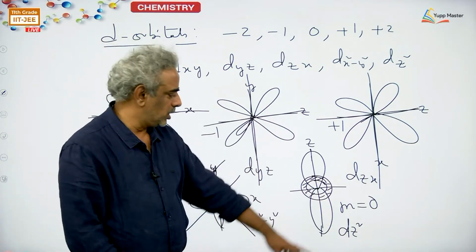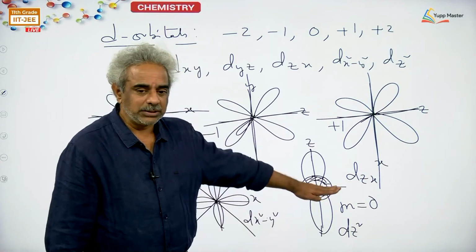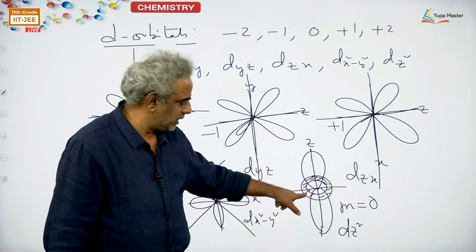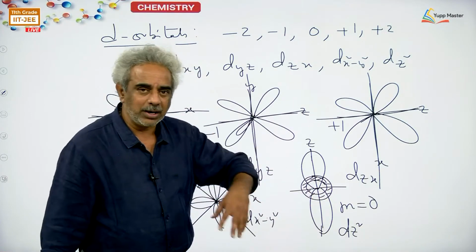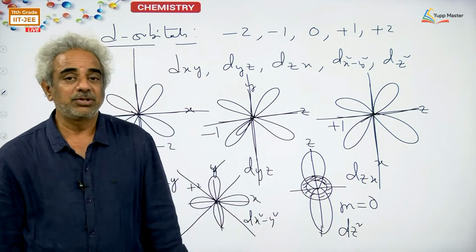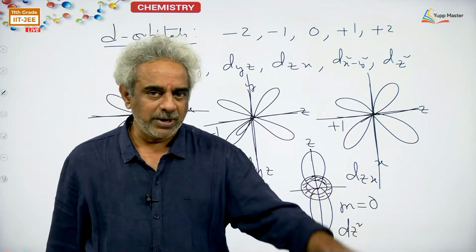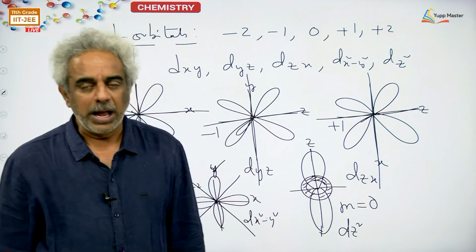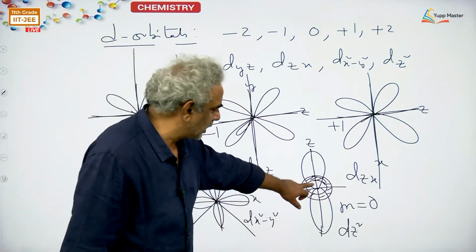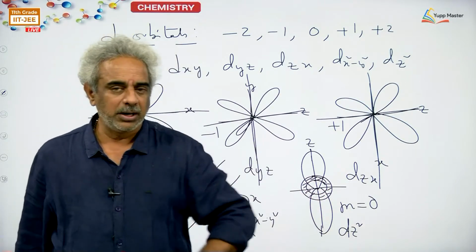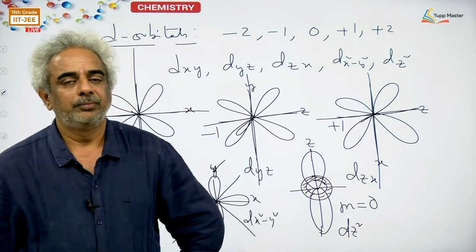Why? Because if you see this, you can cut it into 2 parts, but on that plane this toroid, collar kind of density is spread on the xy plane. Therefore you can say dz square has no angular node. There is some nodal region, zero electron density region, but it is not a nodal plane.